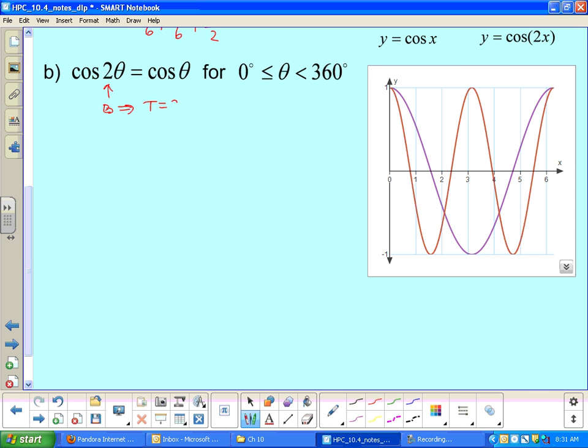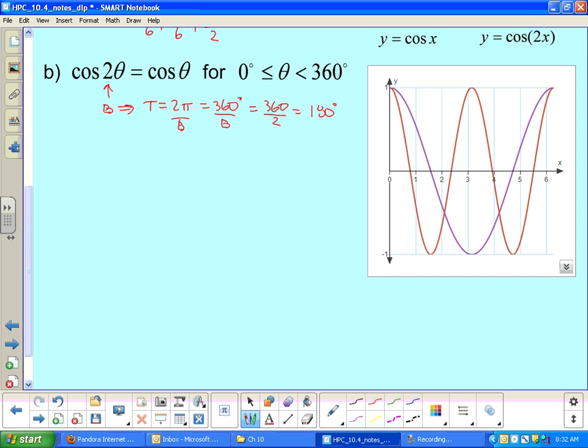Your period becomes 2 pi, or in this case, 360 degrees over b. So we have 360 over 2, which means my period is 180. So we're horizontally shrinking the graph, and that's what the red graph represents. The purple graph would be the cosine of theta that we have up there.